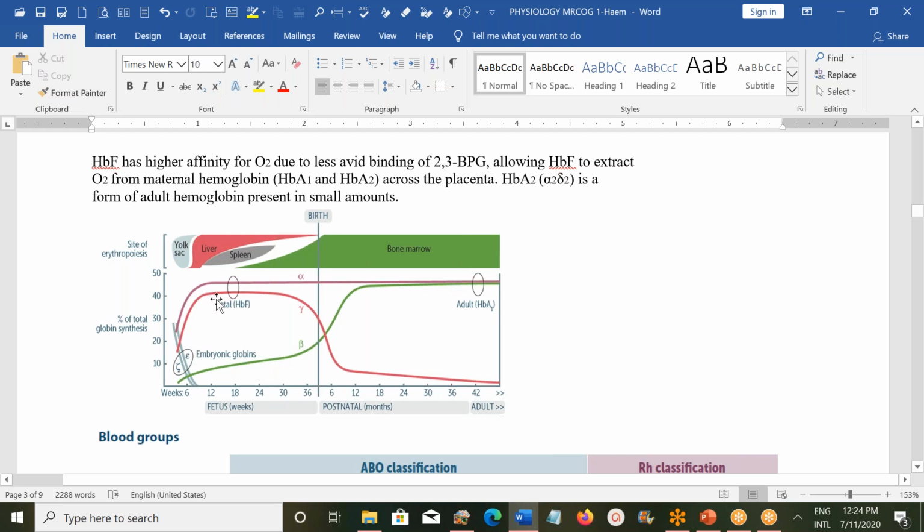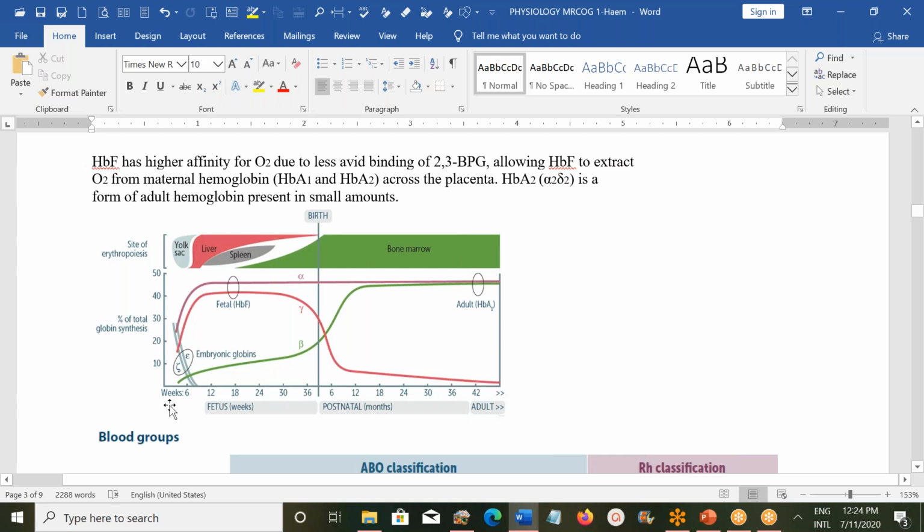And the fetal hemoglobin has this alpha that everyone has, and then this gamma subunit will rise gradually. By 6 weeks it will continue to rise, and from 6 weeks onwards it will stay at a stable level, and then by 30 weeks of pregnancy its level will start declining.